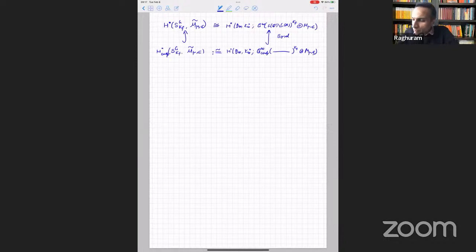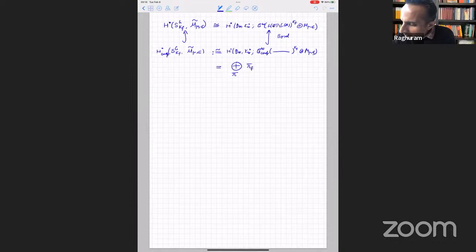Now I told you the space of cusp forms is a direct sum of cuspidal automorphic representations. So this is the direct sum over cuspidal automorphic representations pi of this (g, K) cohomology, which affects only the representation at infinity.